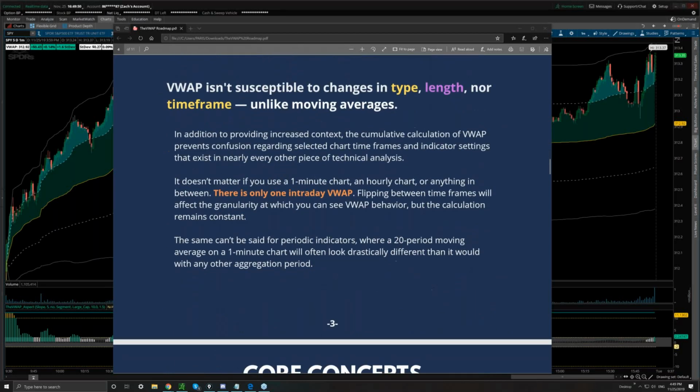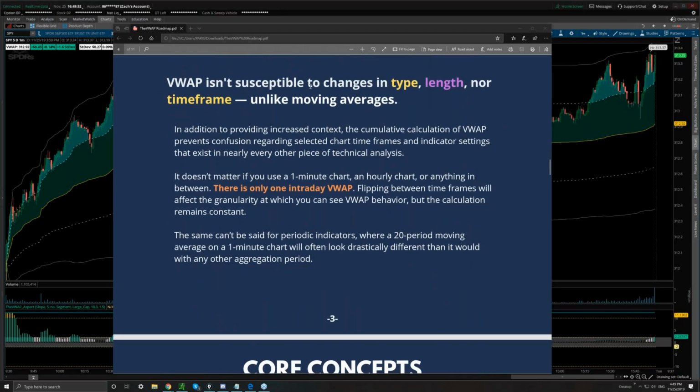And that leads me to the next main point here. VWAP isn't susceptible to changes in type, length, or time frame. As we were just saying, a simple versus an exponential moving average over the same period, maybe 20 bars, can look somewhat different. How do you know you're using the appropriate moving average?